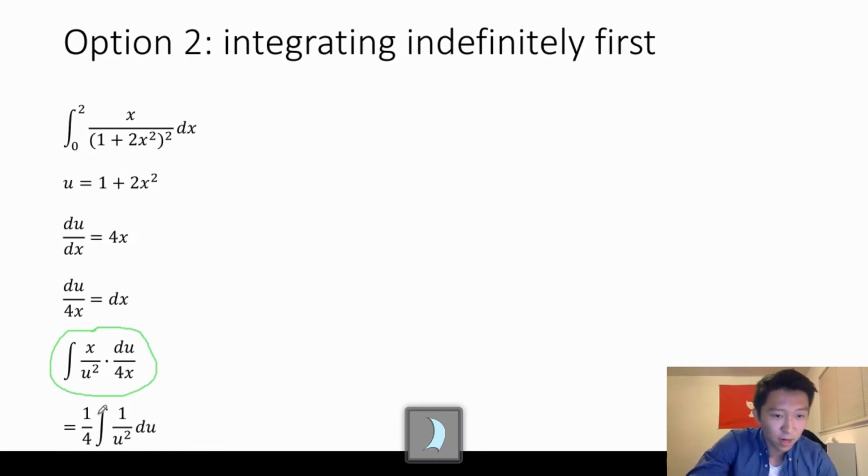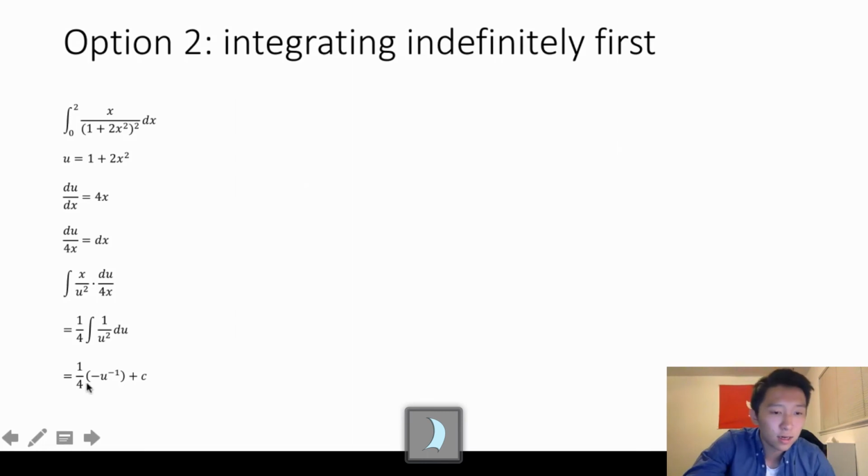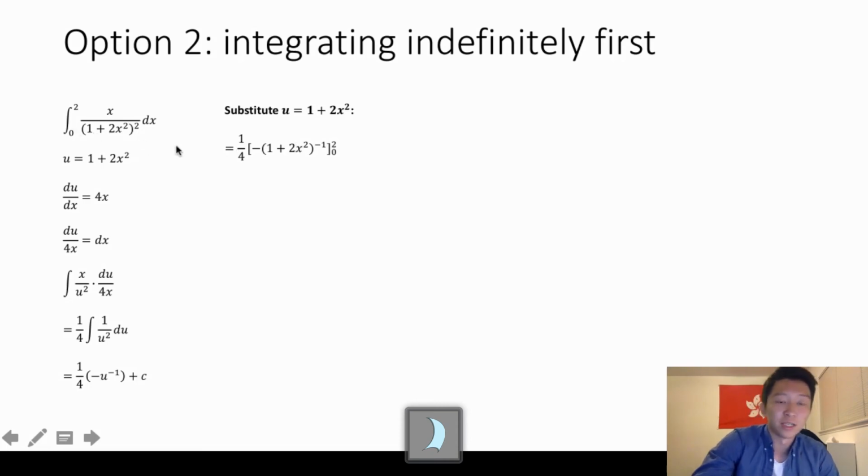You continue, cancel out the x's, and then you get 1/4 of the integral of 1 over u squared du. Here, you would evaluate it to be 1/4 of negative u to the power of -1 plus c. Then, since it is after all a definite integral, you substitute the u function back into the result to get 1/4 of -(1 plus 2x squared) to the power of -1 from 0 to 2.